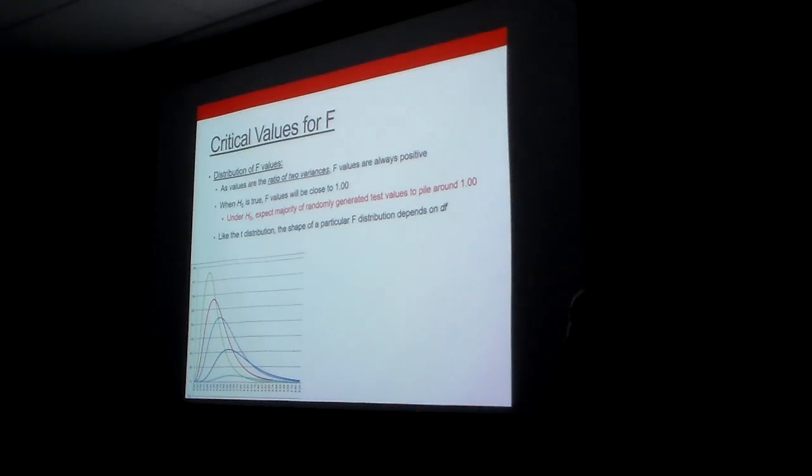Okay, so I want to talk about your F distribution. Amanda, this is where we're going to start taking that F score and make a determination on whether or not we fail to reject the null hypothesis. Think about whether this is an expected value or not. Consider the distribution of our F scores.